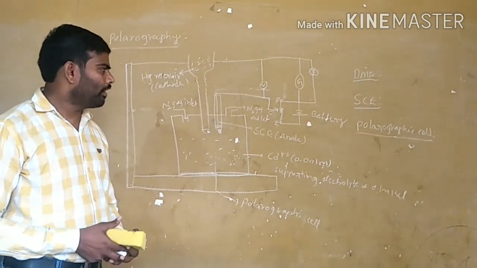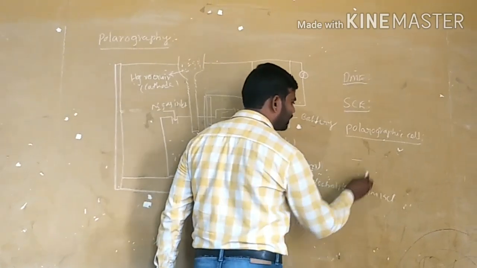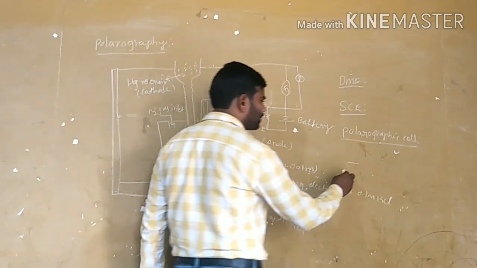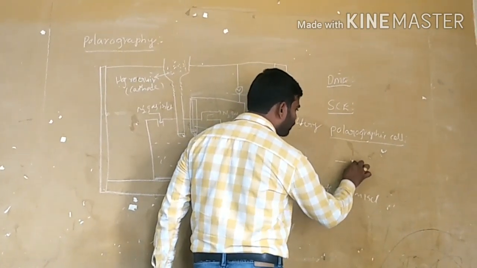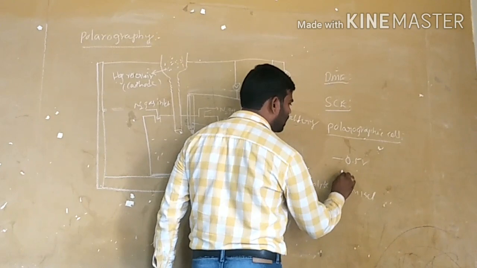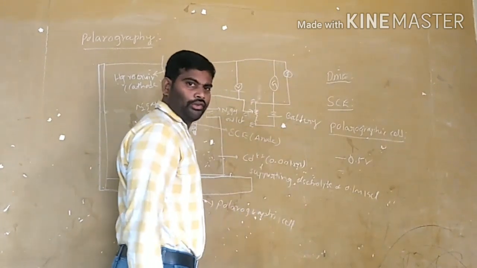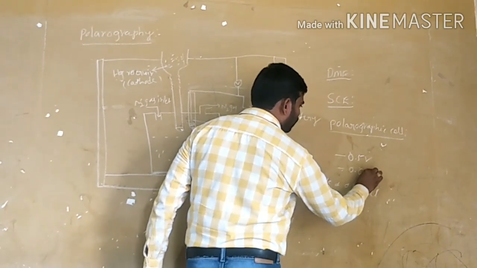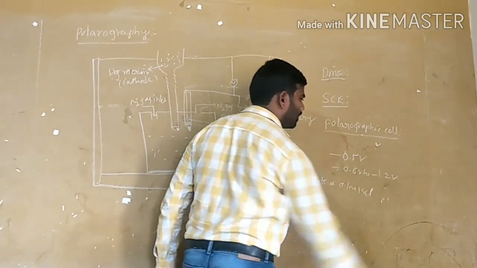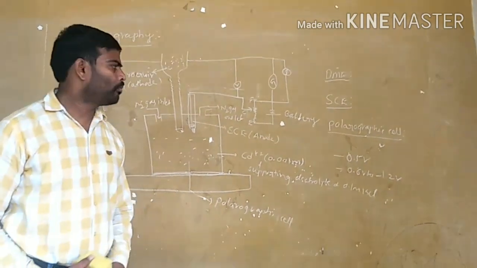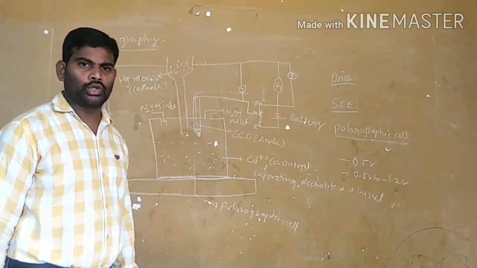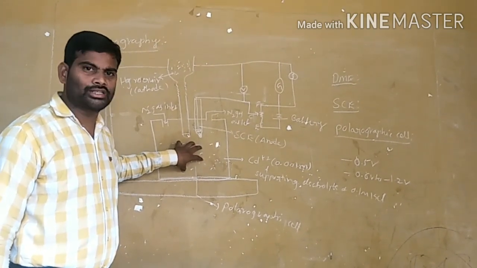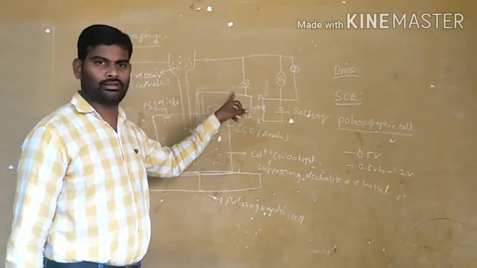One wave is produced at about minus 0.5 volts, and another polarographic wave at minus 0.6 volt to minus 1.2 volts, and these two extra polarographic waves are produced due to the presence of dissolved oxygen. That's why we remove the dissolved oxygen by passing nitrogen gas.